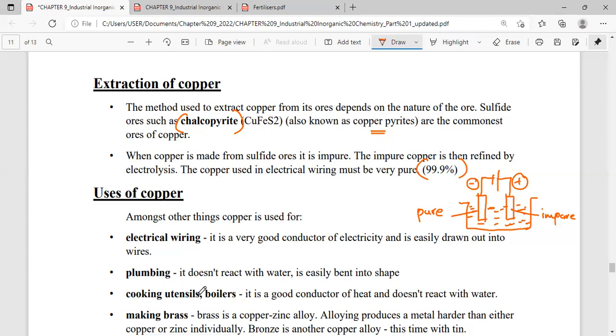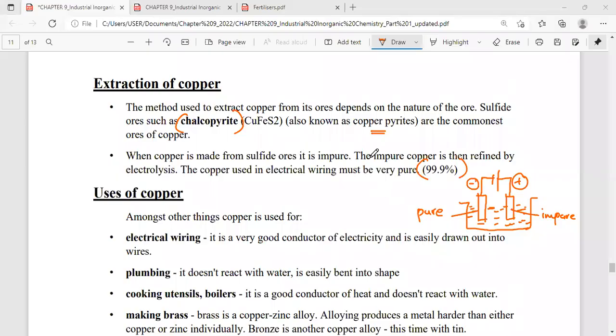In this way, the impure copper is converted to pure copper. So by the process of electrolysis, the impure copper is converted to pure copper.